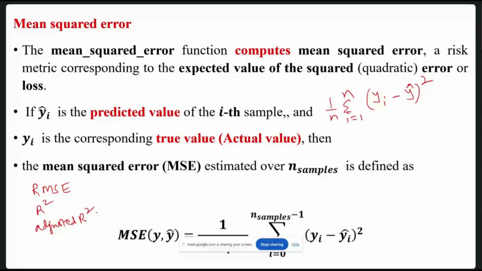Like that we have different types of performance measures to evaluate the performance of the linear regression model. So our aim is to minimize the distance between the actual value and the predicted value. That is the main aim of this model.